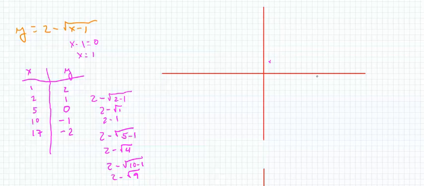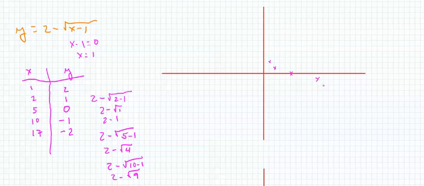So now the x-coordinate is 2, and we're at 1. The x-coordinate is 5, and we're at 0. The x-coordinate is 10, and we're at negative 1.